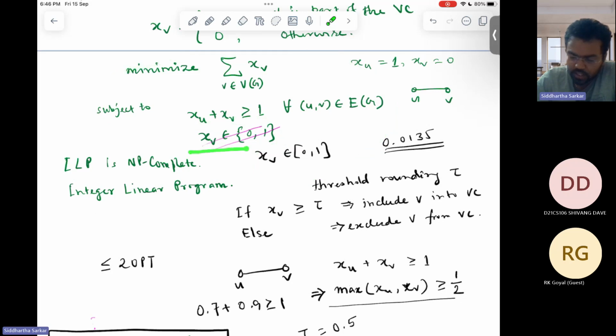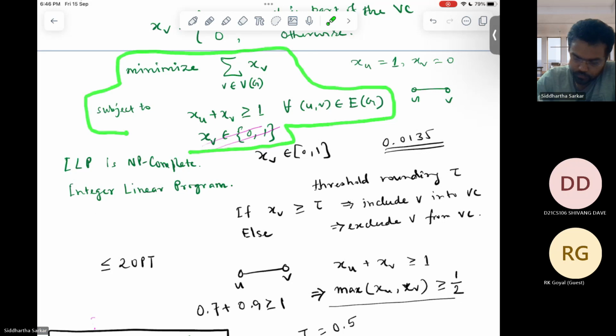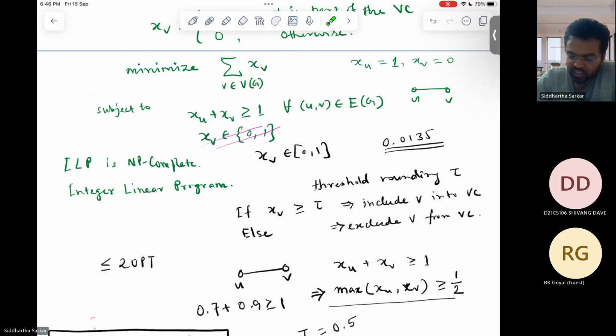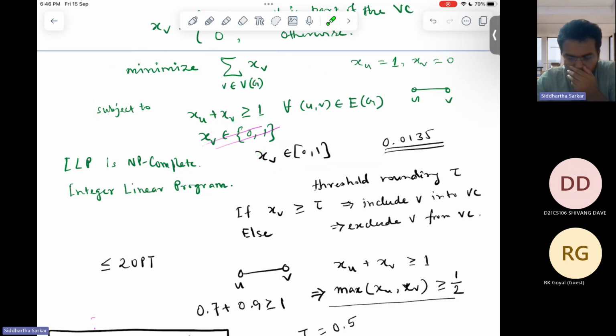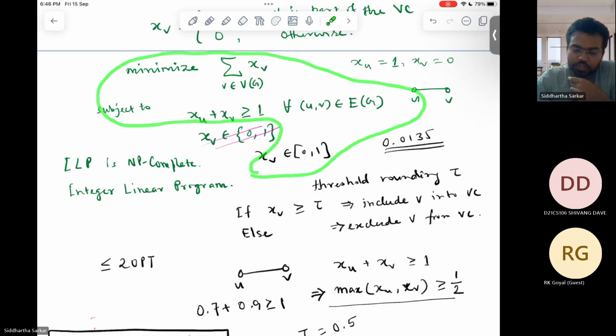The exact representation of the minimum vertex cover problem is the integer linear program, whereas the relaxed linear program is a structure that we have formulated for our arguments.